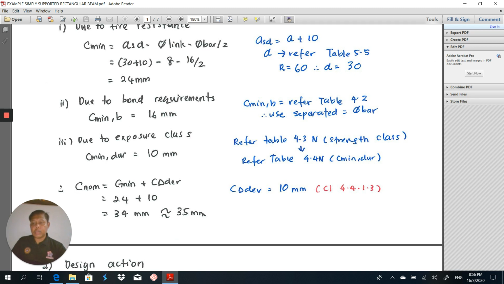Therefore, C nominal is equal to C minimum plus C deviation. 24 plus 10 mm, we get 34 mm. The deviation is referred to clause 4.4.1.3, which is 10 mm. Therefore, the answer here is 34 mm. We have to round up to the nearest biggest 5, which is 35 mm.